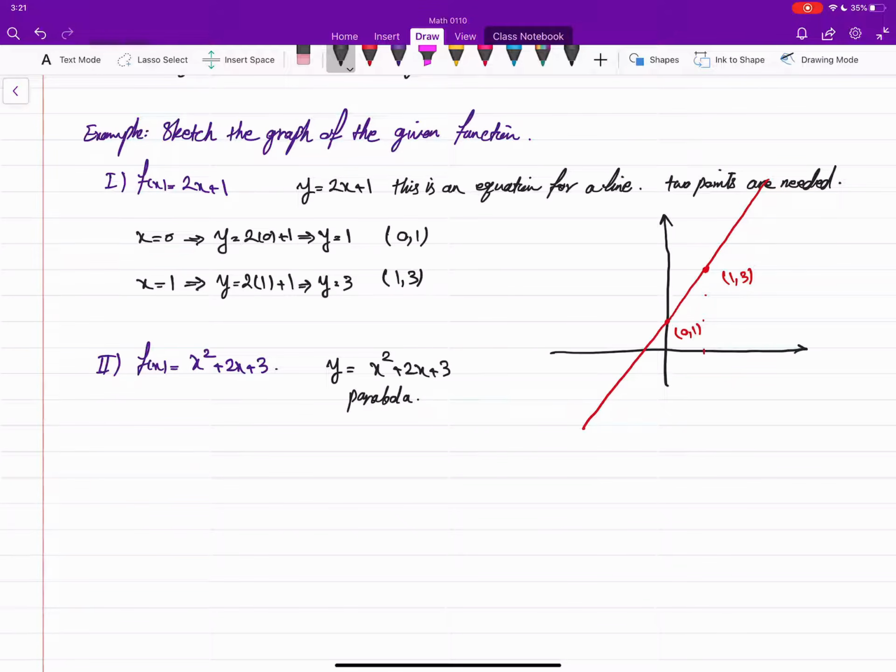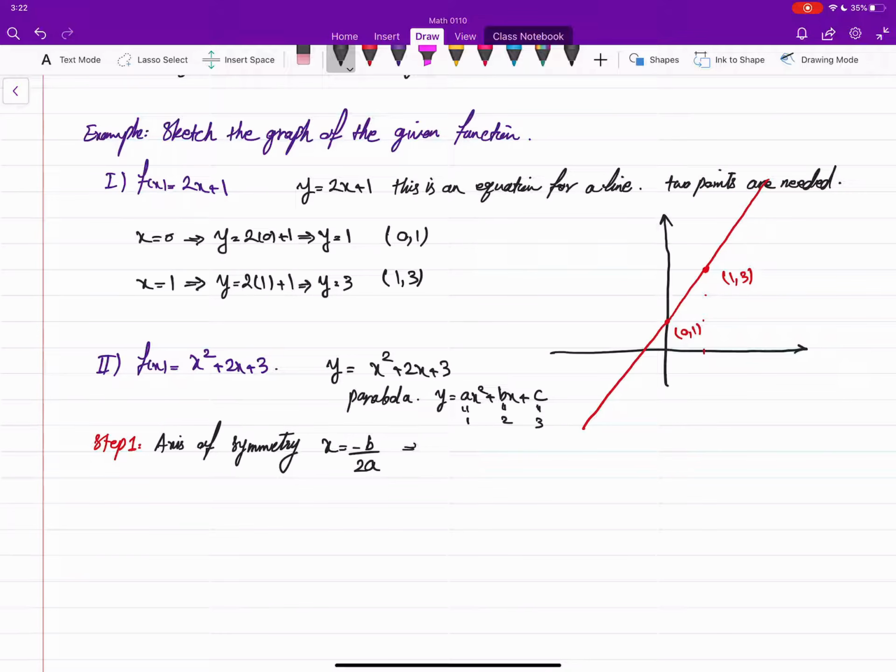You can watch that first, but I will just go quickly in this case. Step 1, find the axis of symmetry, which is always x equal to minus b over 2a. Well, a parabola, remember, is of the form ax squared plus bx plus c. In this case, a is 1, b is 2, c is 3.